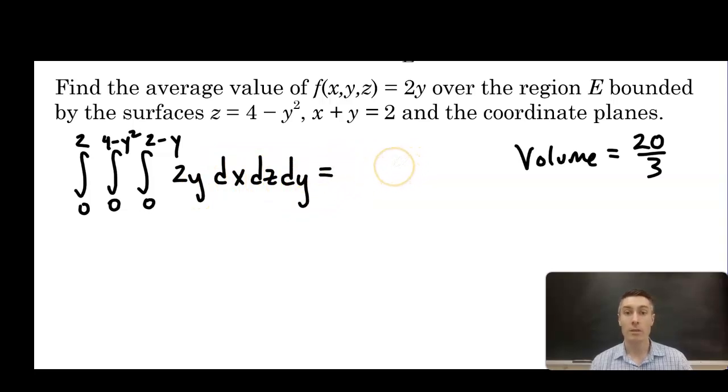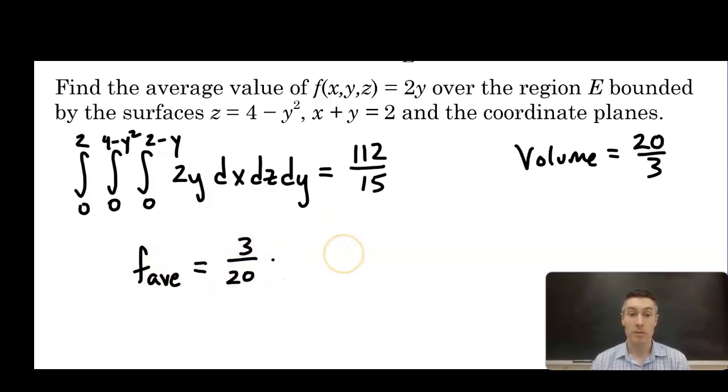Integration is going to look very similar to the previous example, so I've gone ahead and done this one out. So it's 112 over 15. And now we can use this value to find the average value of the function. So 1 over the volume, so we can reciprocate, so 3 over 20, times the value of the triple integral, 112 over 15.